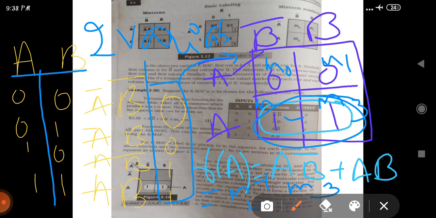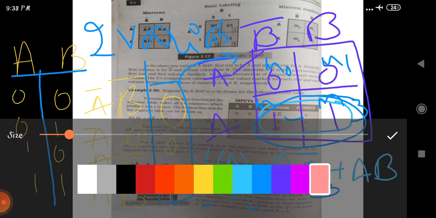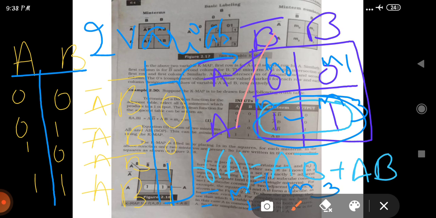These are the outputs they have given: A B bar, A B, A bar B bar, A bar B. This is the way to draw the K-map. Right? Let us see that one.